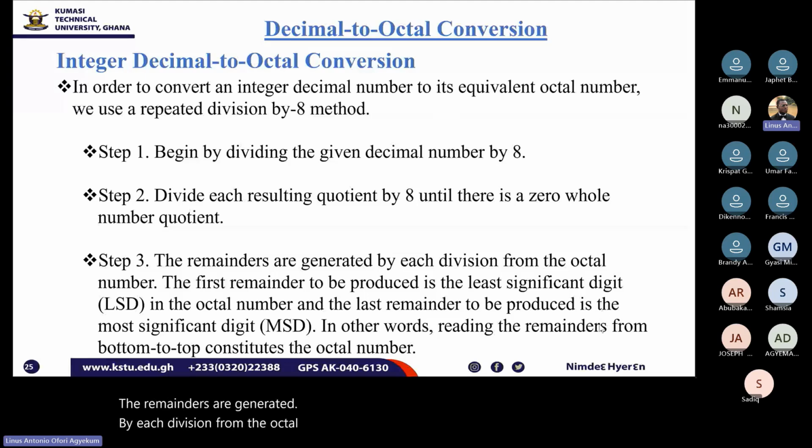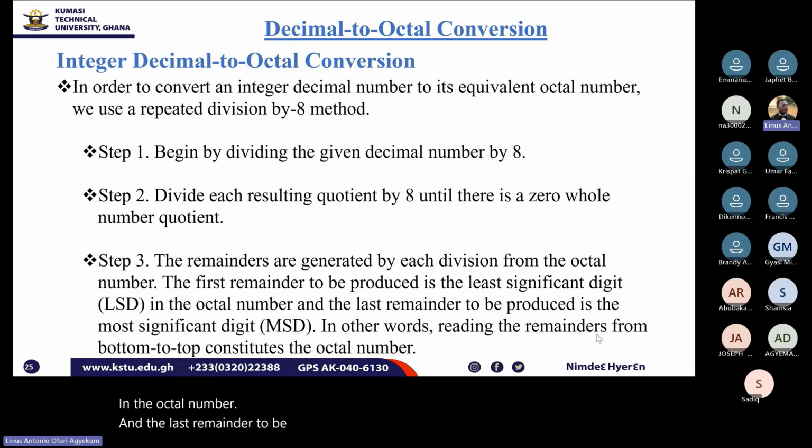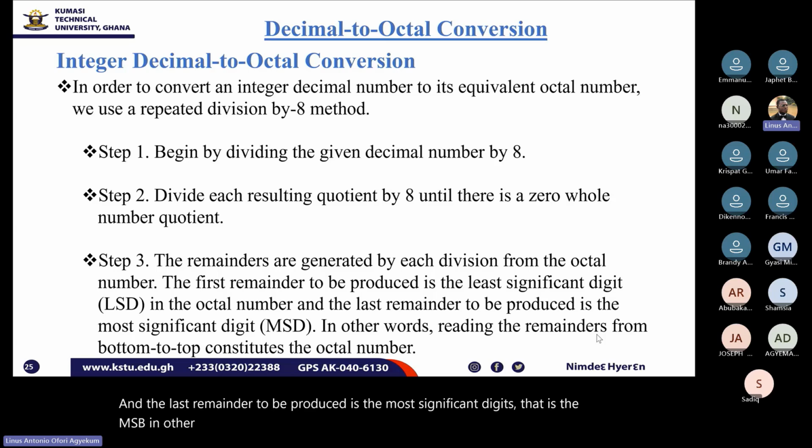The first remainder to be produced is the least significant digit, that is the LSD, in the octal number. And the last remainder to be produced is the most significant digit, that is the MSD. In other words, reading the remainders from bottom to top constitutes what? The octal number. So let's take an example here.